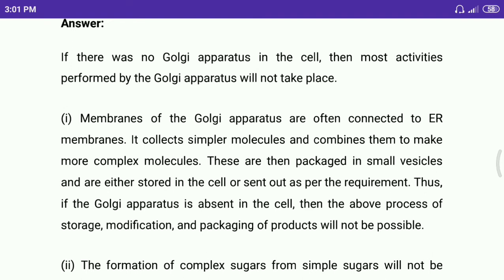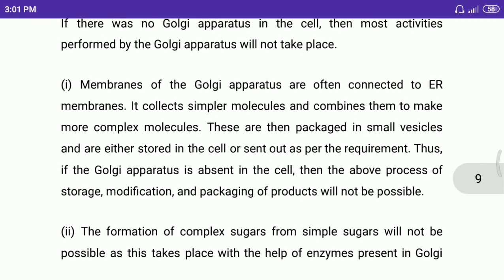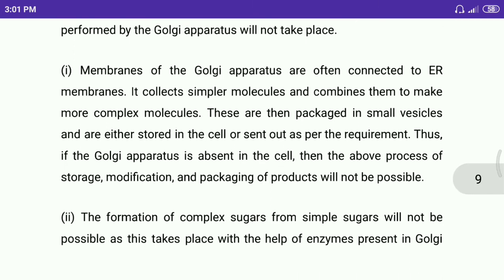ER full form is endoplasmic reticulum. It collects separate molecules and combines them to make more complex molecules. They are packed in small vesicles and are either stored in the cell or sent out as required.